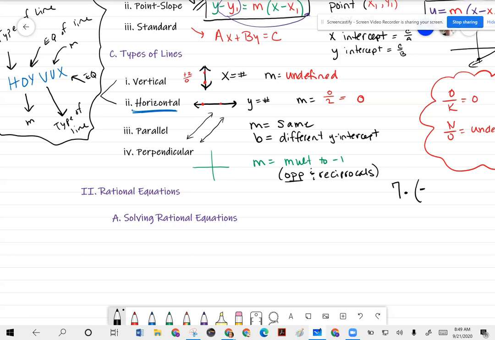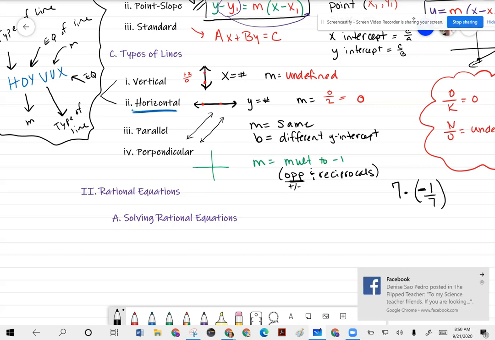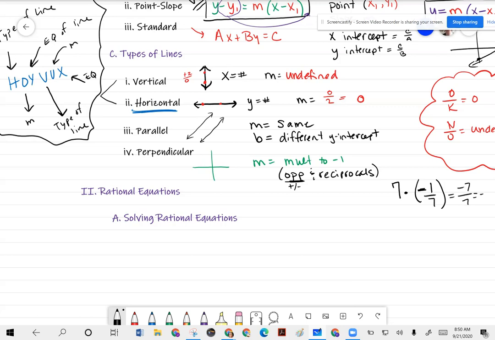Because it's got to be the opposite. So one's got to be a plus, one's got to be a minus. So if this is a positive 7, we've got to have a negative 7, and then the reciprocal of 7 is 1/7. So that if I were to multiply those, then what I'm getting is -7/7, which gives me -1. So I now know for sure that I have a perpendicular slope. So the slopes are going to be opposite and reciprocals.